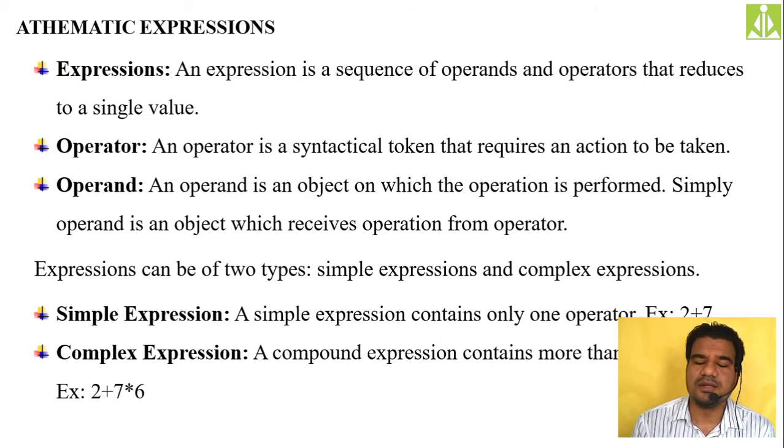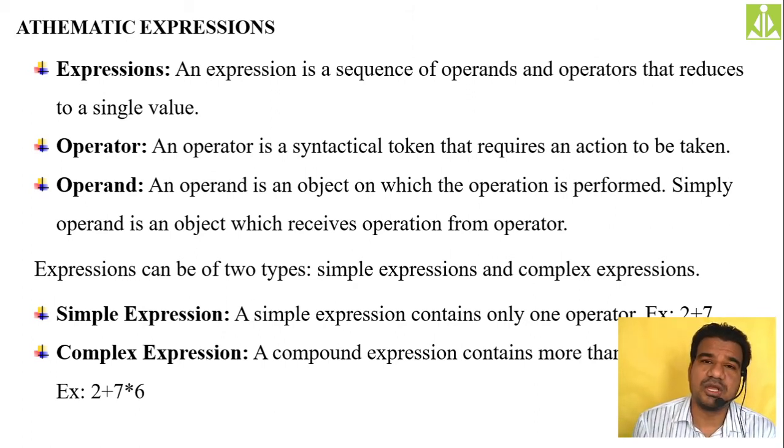A simple expression has only one operator inside your sequence of operators and operands, because there is no ambiguity, no confusion, and no complexity in evaluating it. If you have only one operator, you can simply evaluate that operator to get the final value.